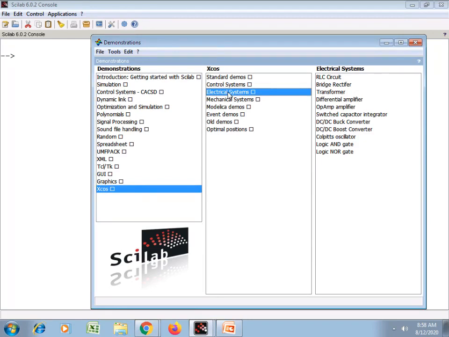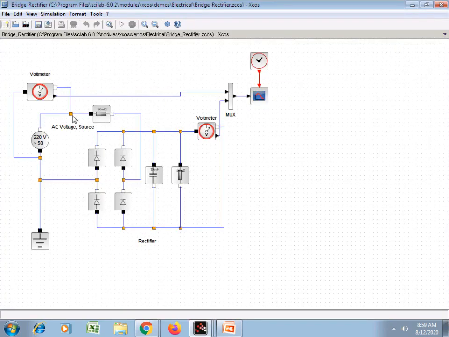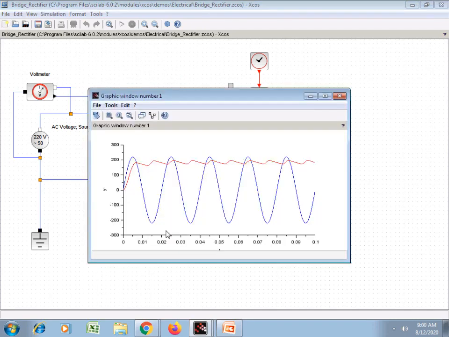You can explore many aspects of Xcos using these demonstrations. For example, this is the demonstration for the bridge rectifier, which is available ready-made in Xcos. Input and output waveforms for the bridge rectifier circuit.